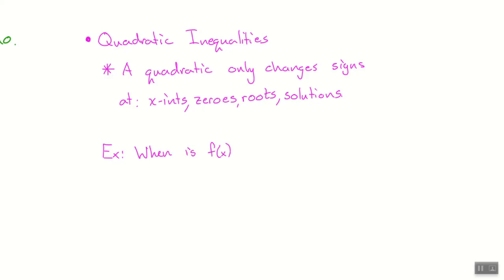Is there a mathy way I can write positive? Greater than 0. Now, you could simply write the plus sign in parentheses, and that's okay. And negative. So I'm going to say f of x is less than 0, which is the negative side of this.